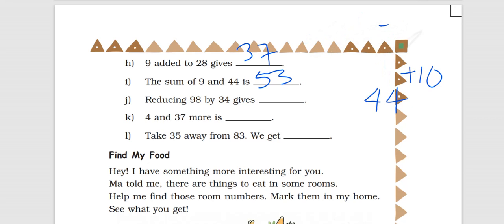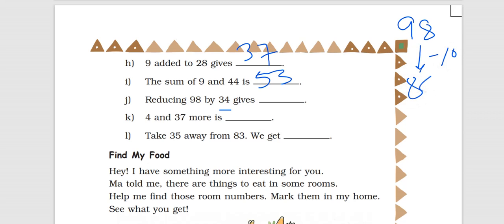Okay. Next one. Reducing 98 by 34. Reducing is nothing but subtracting. Less than. Start at 98. It said subtract 34, which means 3 tens. Let's go 3 steps down. One step down is 88. One more step down is 78. One more step down is 68. So 3 steps down is 68.